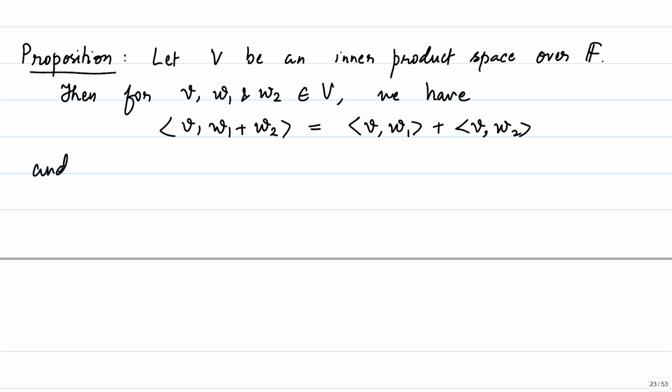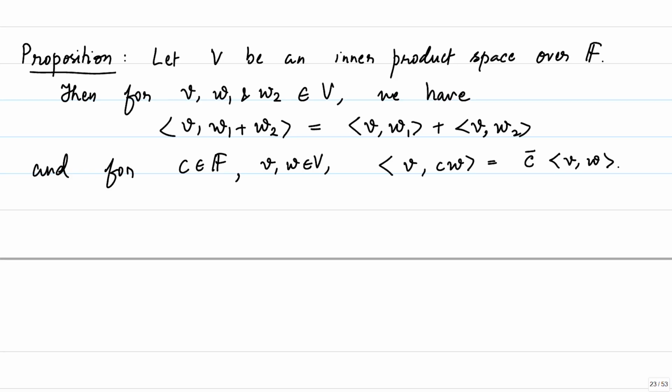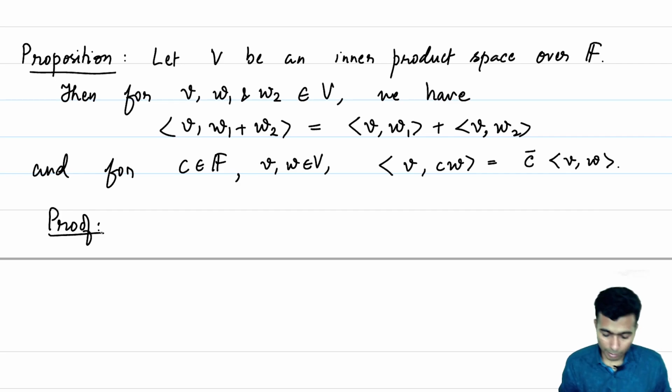And not just this, for a c in F and v, w in capital V, the inner product of v with cw is equal to c bar times ⟨v, w⟩. So let's quickly prove this. What we have is conjugate linearity in the second variable. It's not just linear. If you notice, c is not coming out. It is c bar that is coming out.